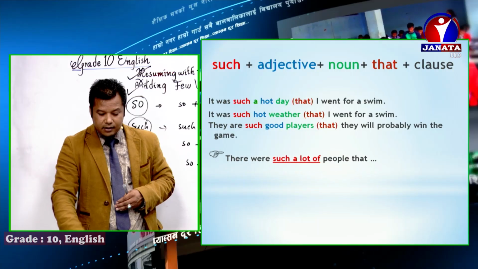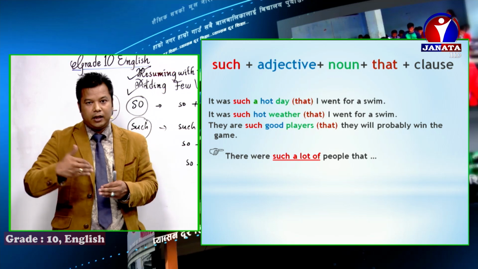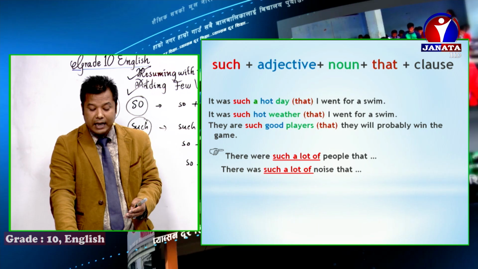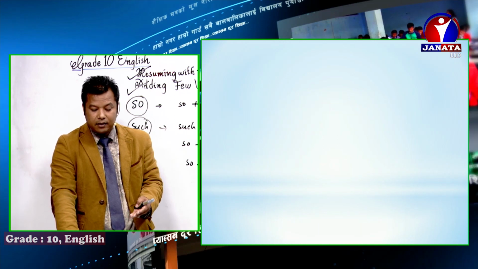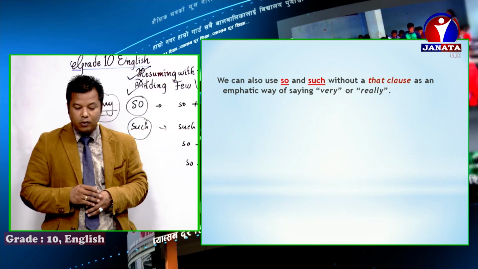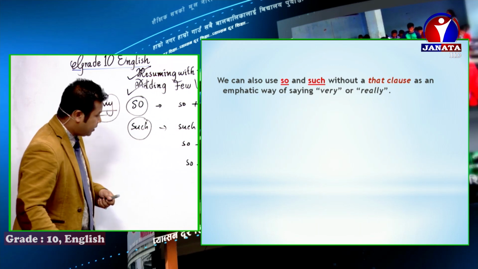Let's see more sentences. There were such a lot of people that, the effect that you can talk about. There was such a lot of noise that, yeah, they're done. See, we can also use so and such without a that clause as an emphatic way. Now, this is interesting.